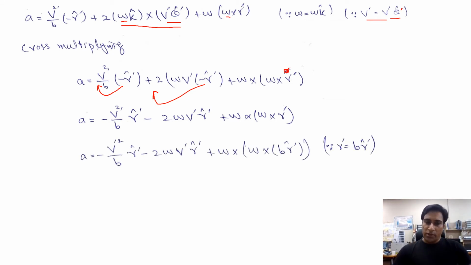So we also have another term, the radius r dash, which is equal to b r dash unit vector. We will just replace the radius r dash with the term b r dash unit vector.